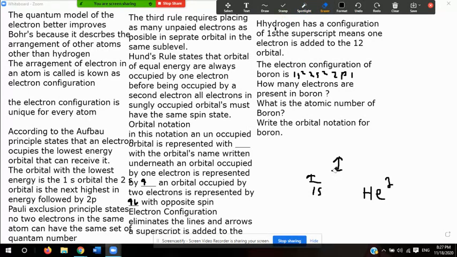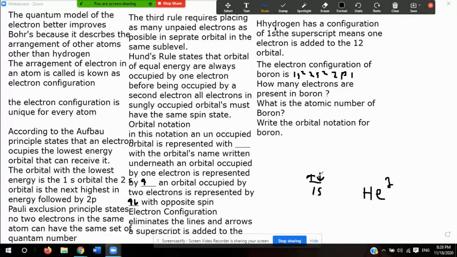To fix that, both electrons are going to be in the 1s with opposite spin, meaning that one of the arrows is written facing upward and the other arrow is written facing downward. That's what opposite spin means, that the electrons are facing opposite directions.